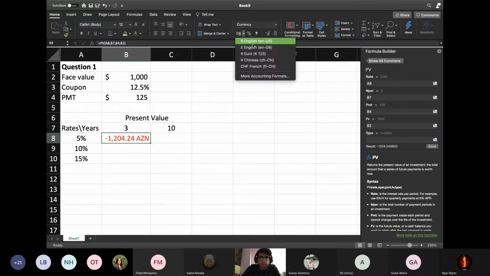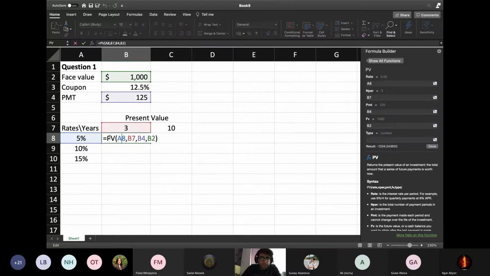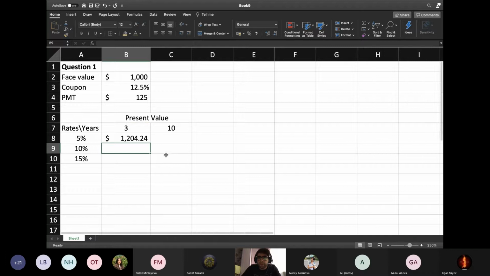It gave us the result in AZN, which we converted to the dollar sign. Present value is a cash outflow, so Excel gives it with a minus sign. Let me delete the minus sign here, in order not to cause confusion. So we found it this way.